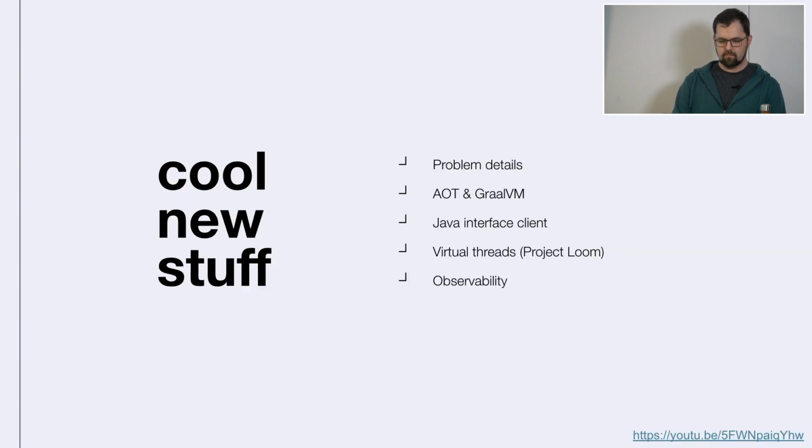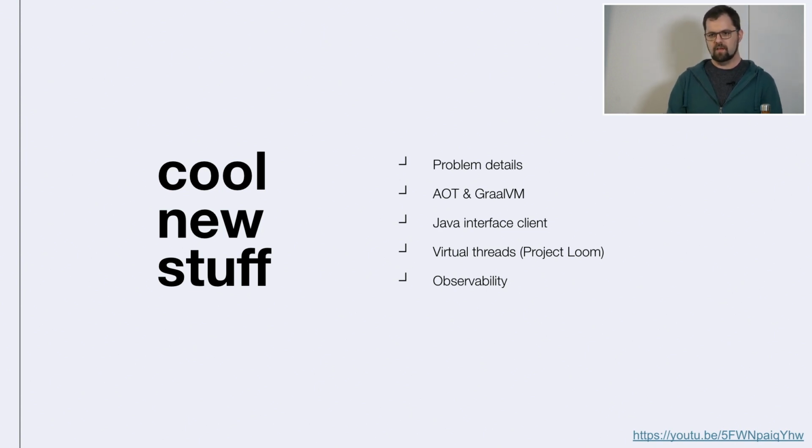But other than the base platform support, what other new stuff do we get in Spring Framework 6? So just a quick list of some highlights. For example, one new thing is problem details. When we are developing backend applications, we need to communicate to the front end if some error happens on our side.